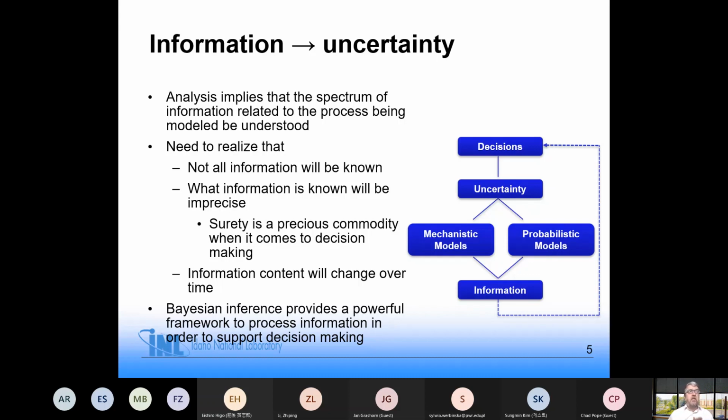And so this idea of assimilating what you know and making judgment in terms of a probabilistic realm, that's the process. So that's kind of depicted there in the right-hand side, where again, we start with information. What we do is we really describe that in terms of models in the Bayesian framework, and we'll talk about either mechanistic or probabilistic models. But what comes out of that then is that uncertainty quantification that I talked about.